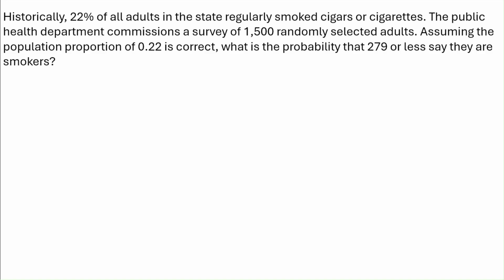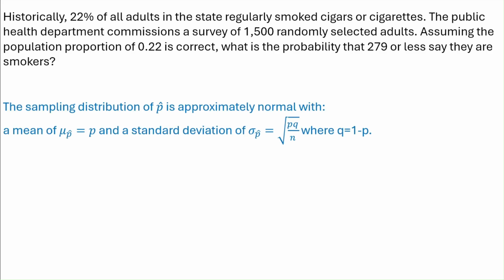It doesn't say what's the probability that less than 14% of the sample, or more than 77% of the sample. This one phrases it a little differently. It phrases it in terms of 279 out of 1,500. So it is a proportion. It's just not phrased exactly that way.